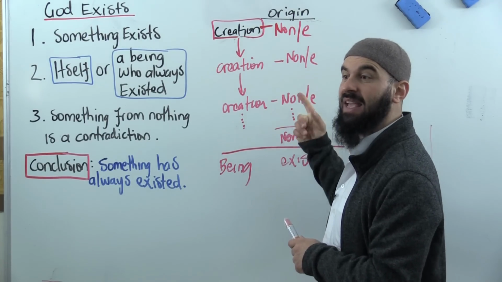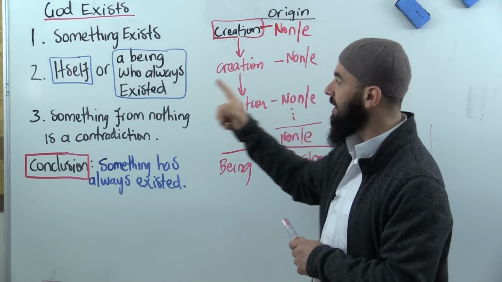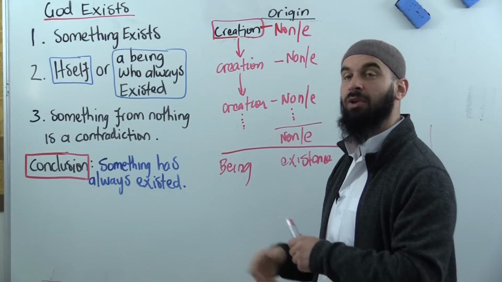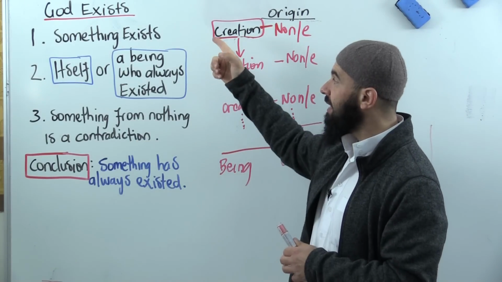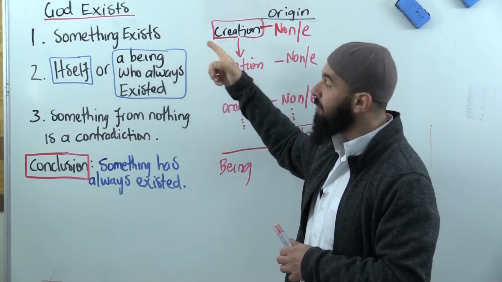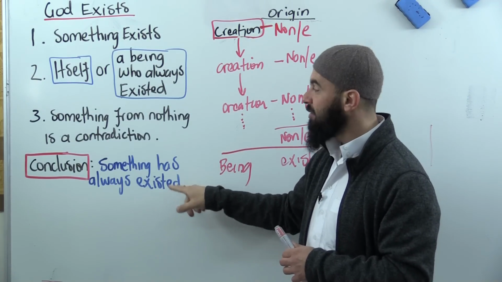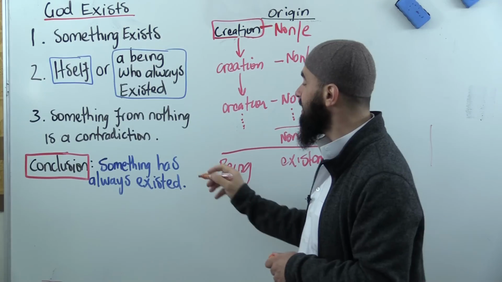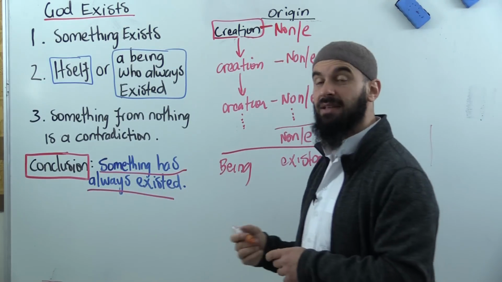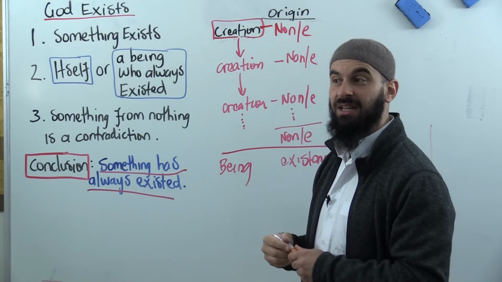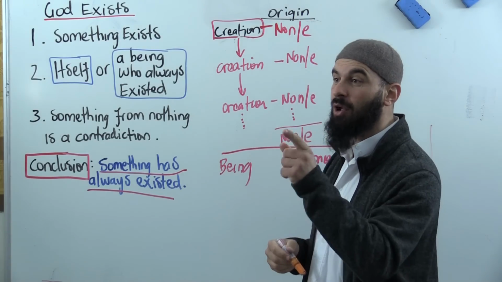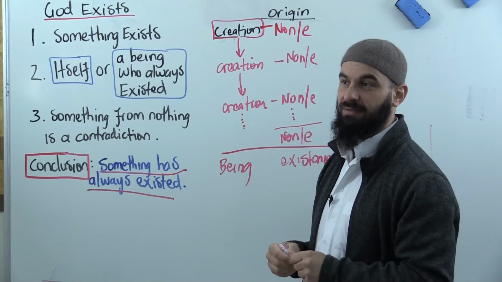Without him, they cannot exist. So something from nothing is indeed a contradiction. We've proven that premise 1 is true. Premise 2 is true. Therefore, it becomes impossible to reject the conclusion, which is that something has indeed always existed. Otherwise, you would not have come to exist.